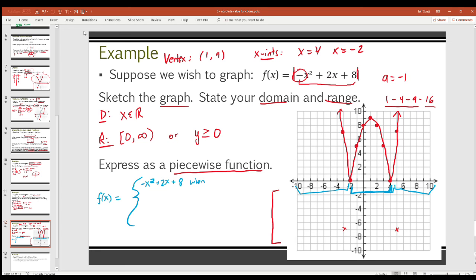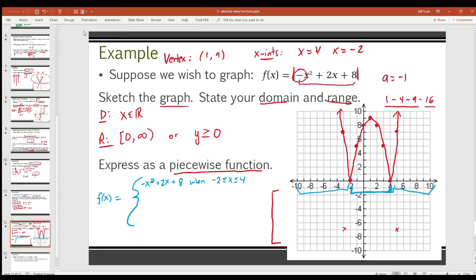So again, x needs to be between negative 2 and positive 4, so I'll say negative 2 is less than or equal to x, which is less than or equal to 4. Okay, so x is a bigger number than negative 2, but x is a smaller number than positive 4.